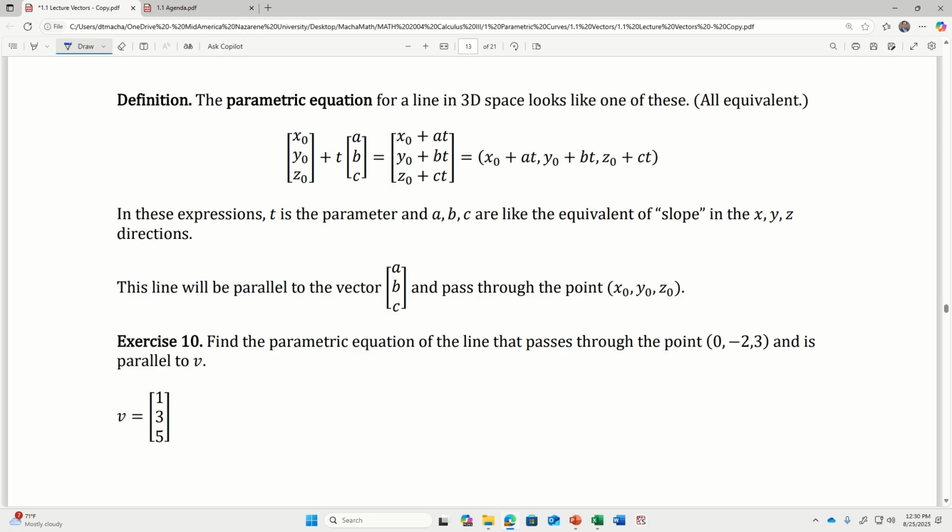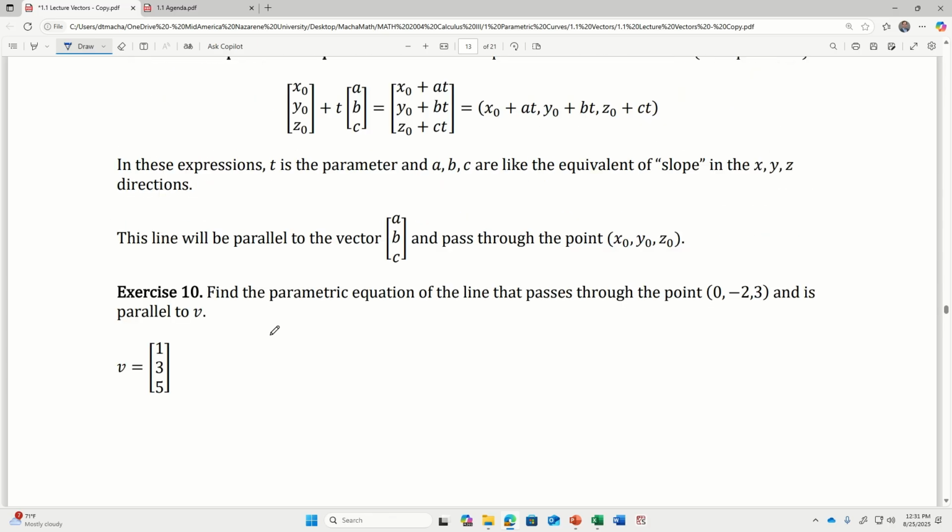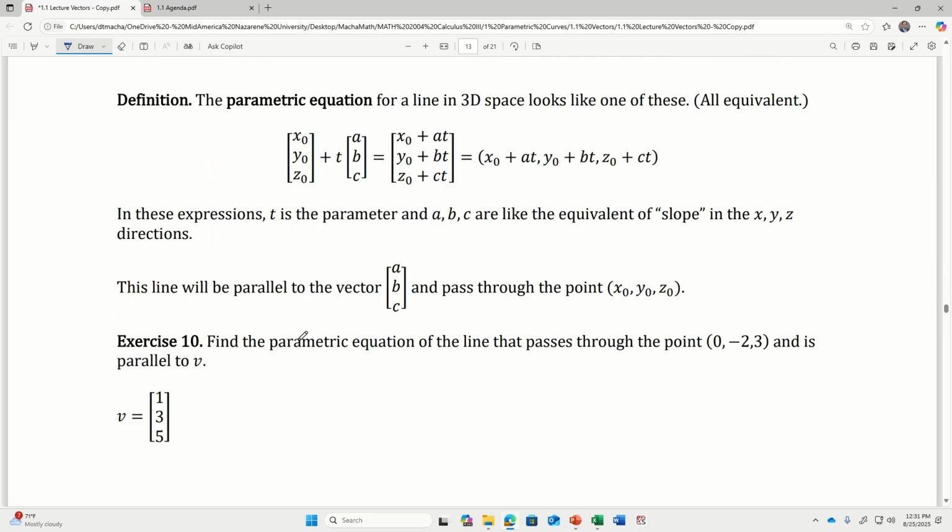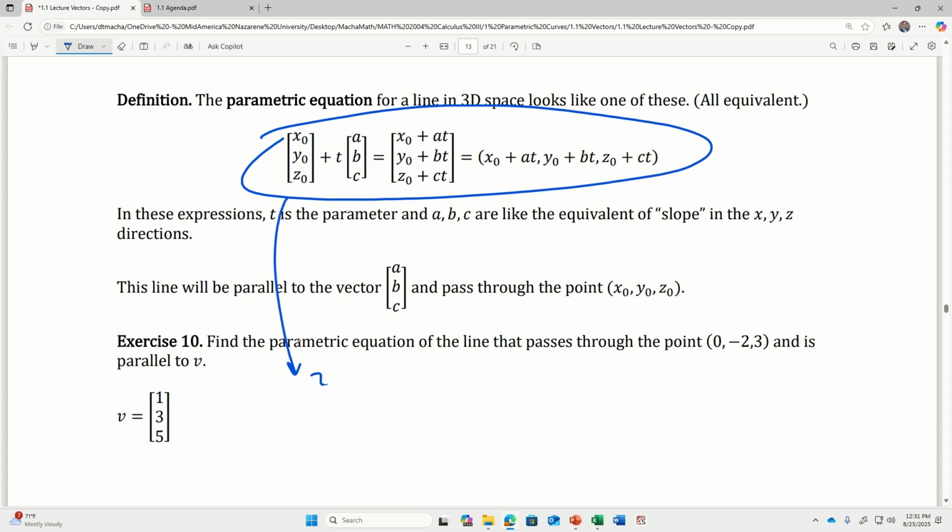Let me show you an example. Let's actually work exercise 10 and then I'll show you an example. Exercise 10 says, find the parametric equation of the line that passes through the point (0, -2, 3) and is parallel to v. So in this equation, the x0 with the little subscript is going to be any point along the line, the x coordinate of that point.